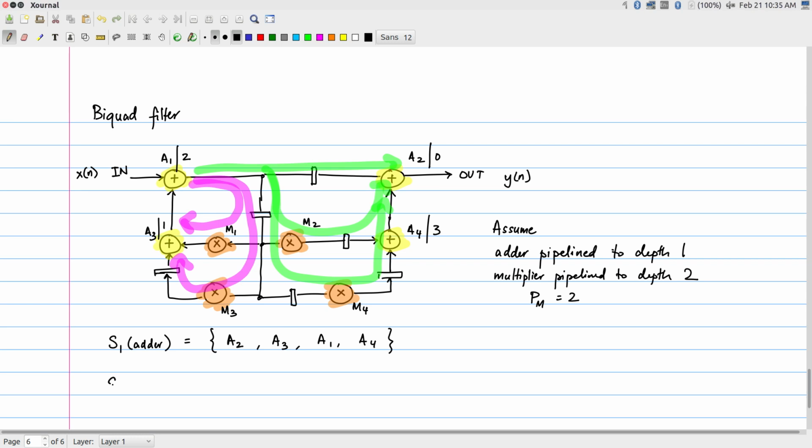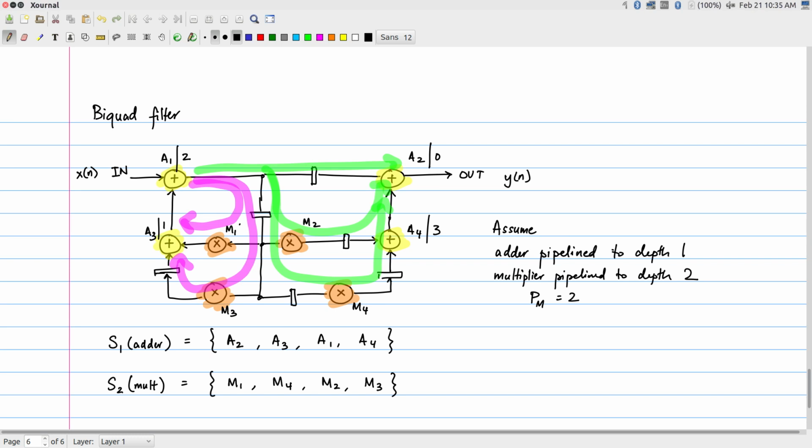S2, which is for the multiplier, is M1, then M4, M2 and then M3.